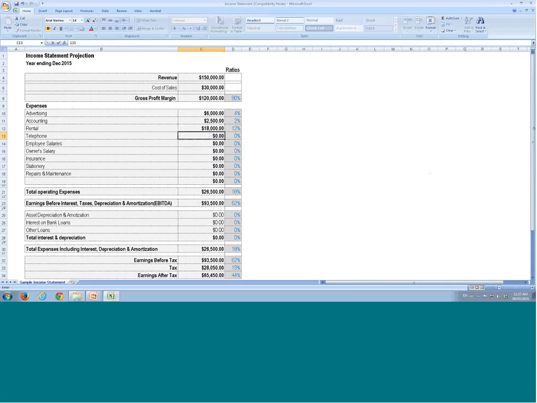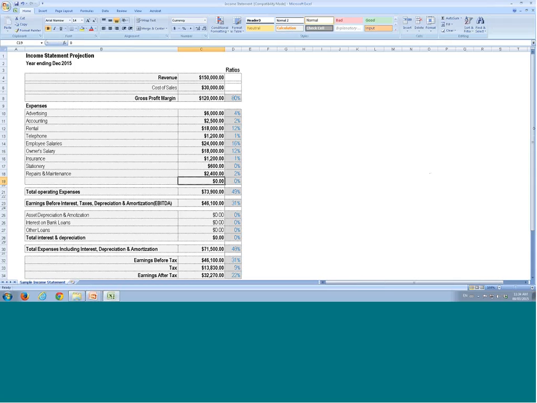Its telephone was $1,200. It had employee salaries of $24,000. The owner didn't take too much this year. Let's say the owner took a salary of $18,000. Let's say insurance was $1,200. Let's say stationery was $600. And let's say repairs and maintenance was $2,400.